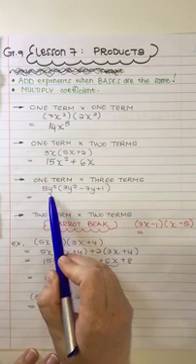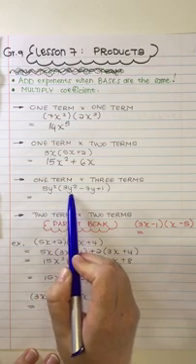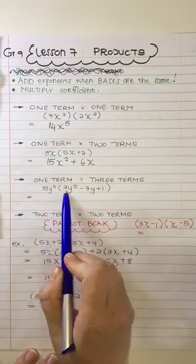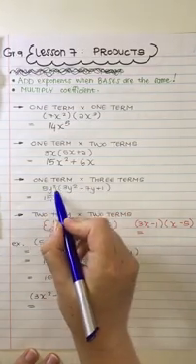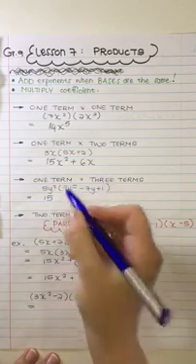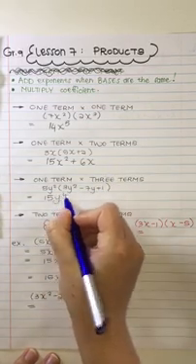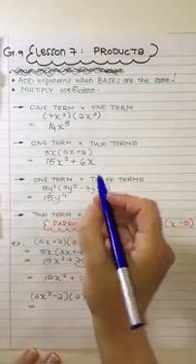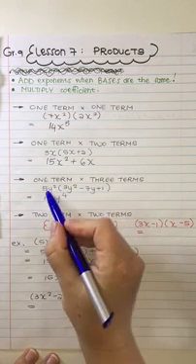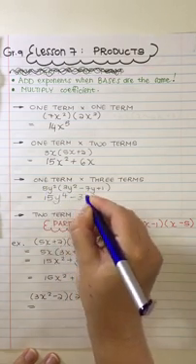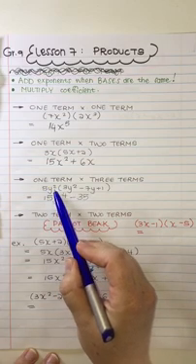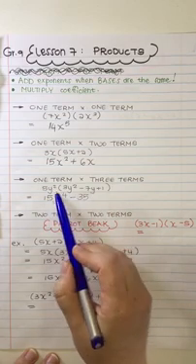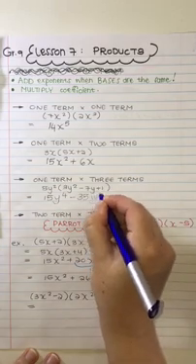So 5y squared times 3y squared: 5 times 3 is 15, and our rule says we add the exponents, so it's y to the power of 4. Then minus 7 times 5 is minus 35, and here we add the exponents, y to the power of 3.